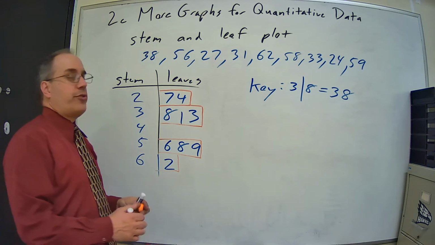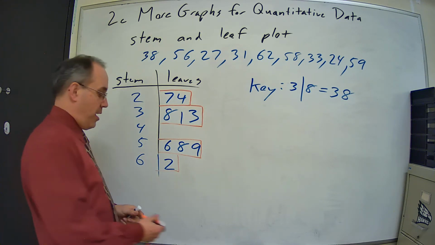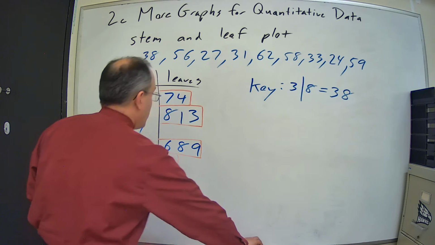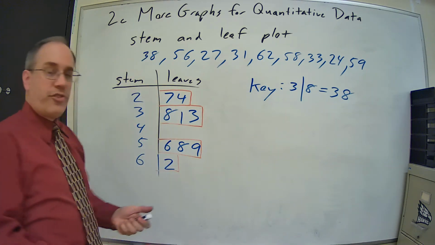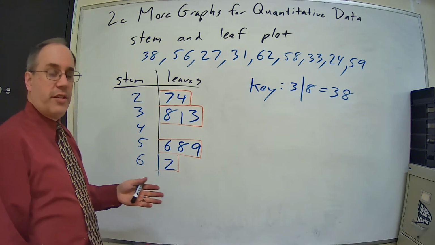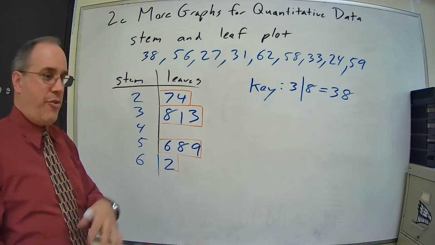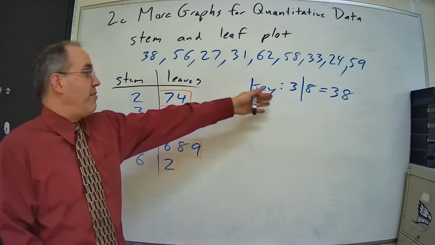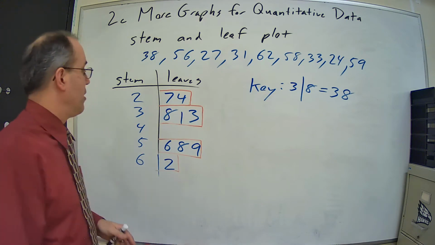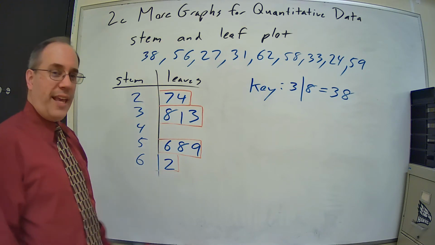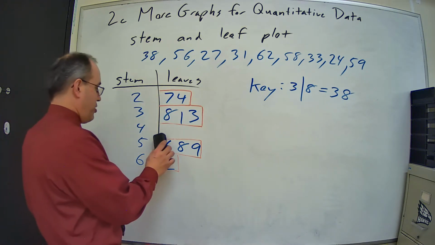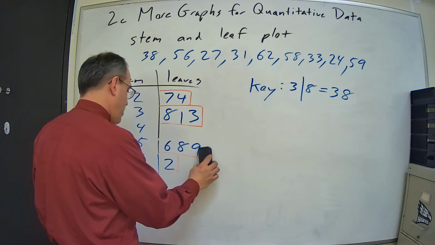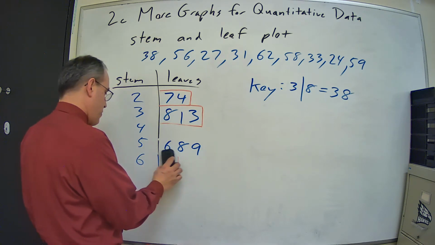So really what we're doing with a stem and leaf plot is we're actually making a histogram with a frequency with a class width of 10 or 100 or whatever we happen to have from our key, and doing it without doing any real calculations. No real work. You think about what it took to create a frequency histogram.